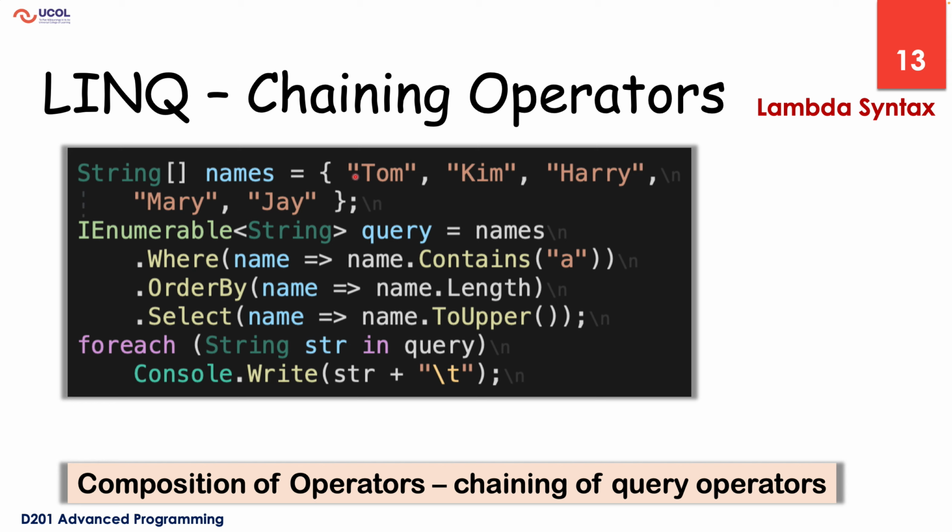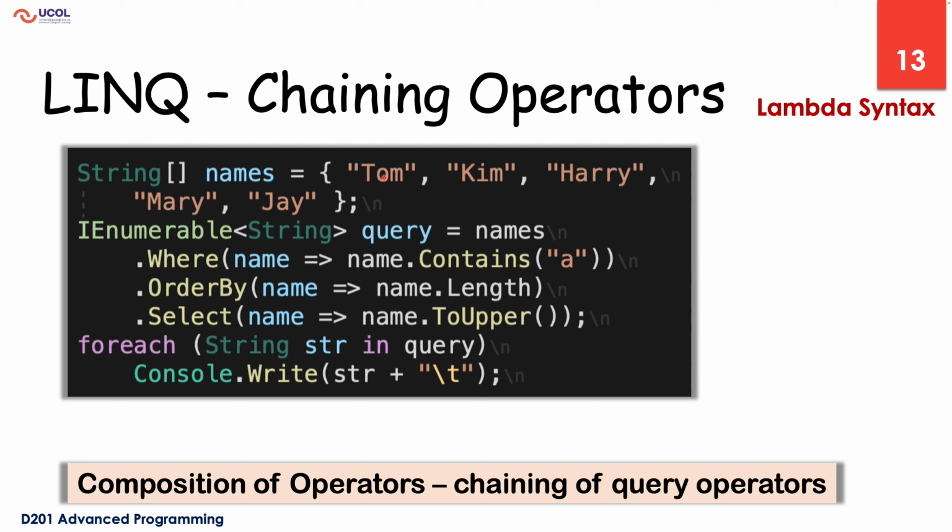So here we have a string of names, and then we have a query that is going to return me a string type enumerable collection. We are saying names, and because we are using the lambda expression, we have .Where(n => n.Contains("a")). So we are saying look in that names array of strings and find all the names which contain a.